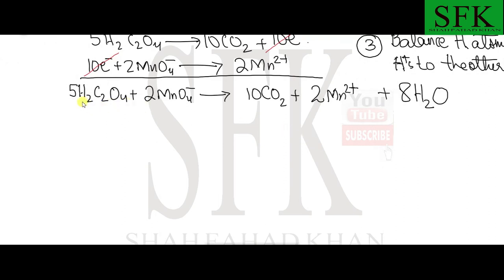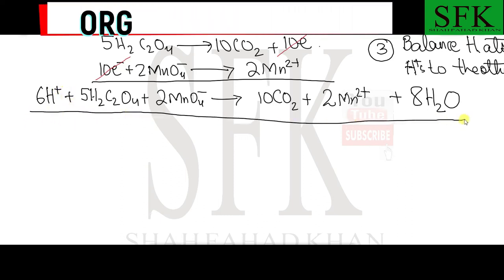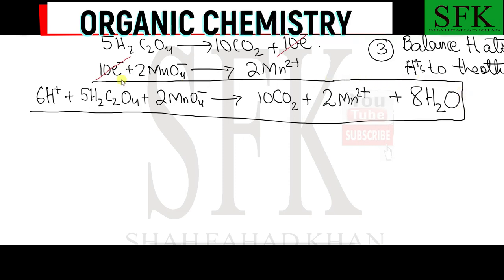Now let's count the hydrogen atoms. There are 5 2s are 10 hydrogen atoms on this side, and there are 8 2s are 16 hydrogen atoms on this side. So 6 hydrogen atoms are greater on this side. So in order to balance it, we add 6 H positive on this side of the equation, and this is our overall redox equation prepared of the above reaction.